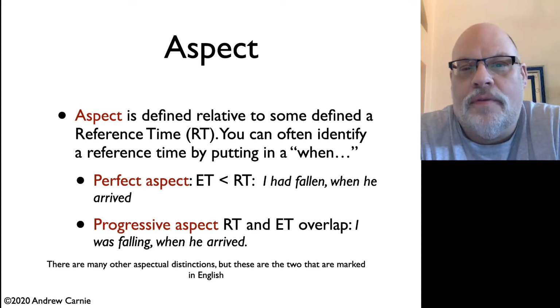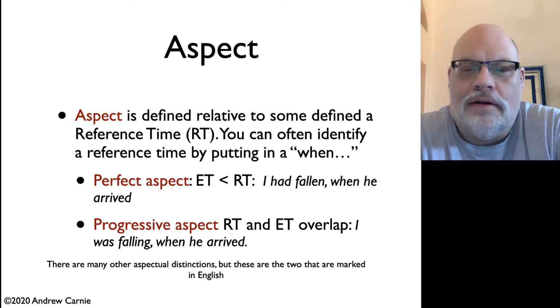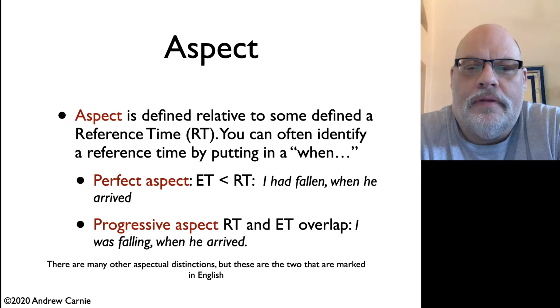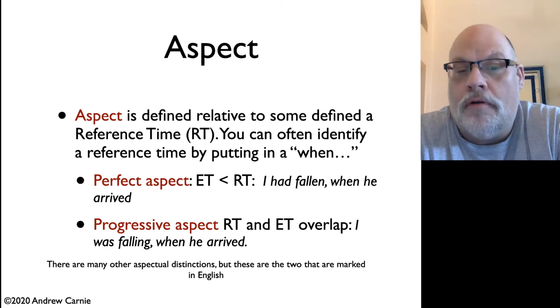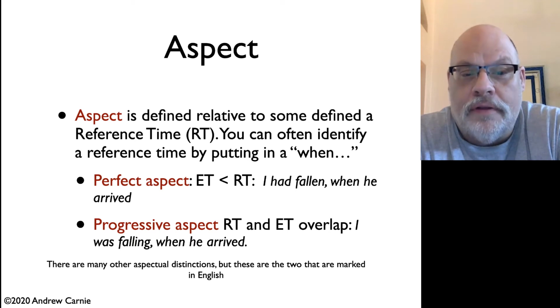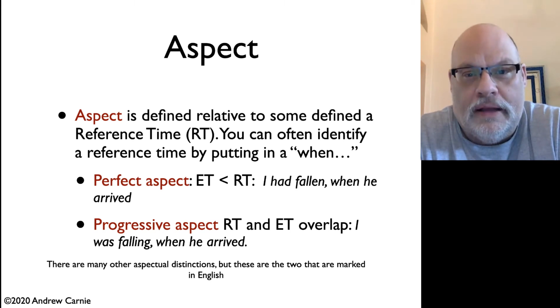One of the easiest ways to identify what a reference time is by putting in a when phrase, a when clause. There's two aspects in English that we mark morphologically, and we're going to concentrate on those two. There are many, many other kinds of aspect, but these are the two that show up in English.